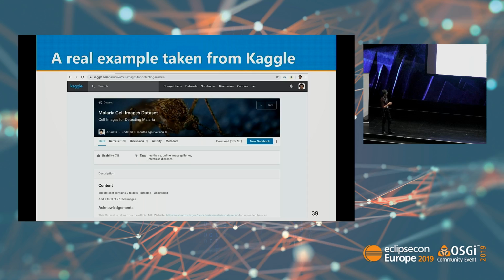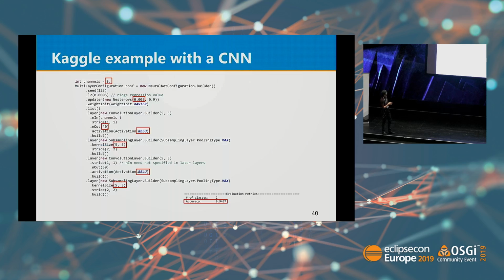If you take the previous example with the MNIST and apply some changes, in this case we have 3 channels because we have colored images instead of black and white as previously.